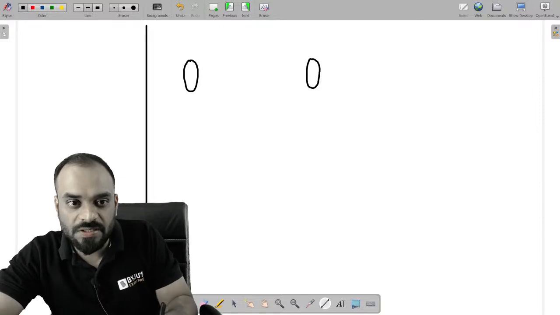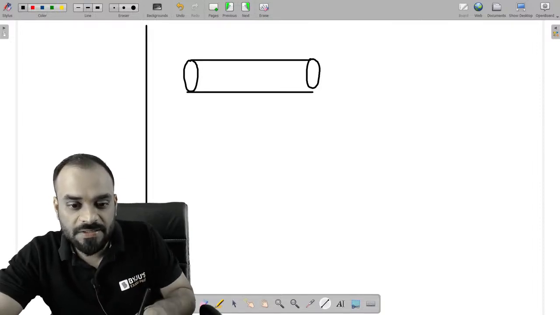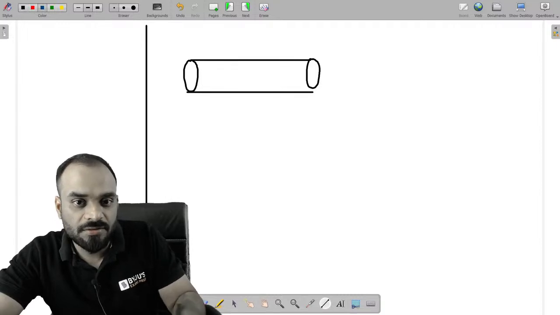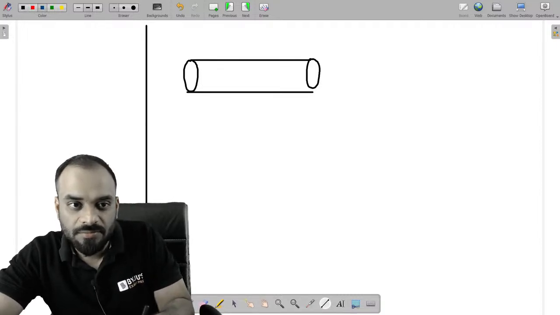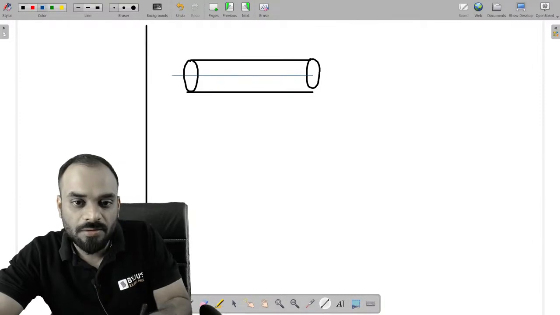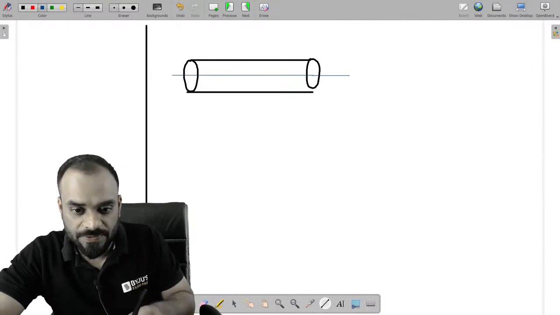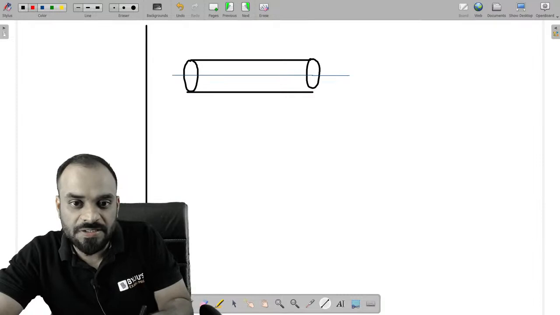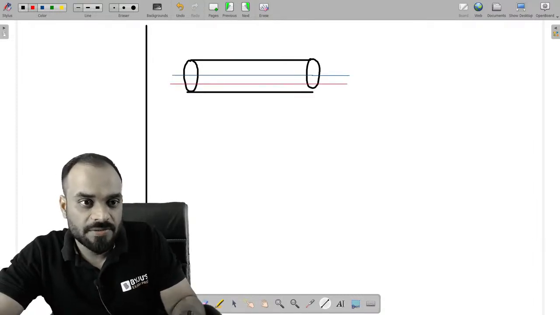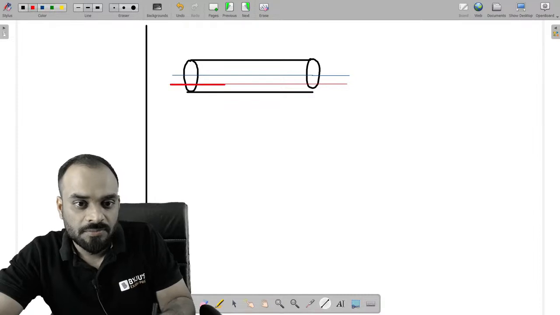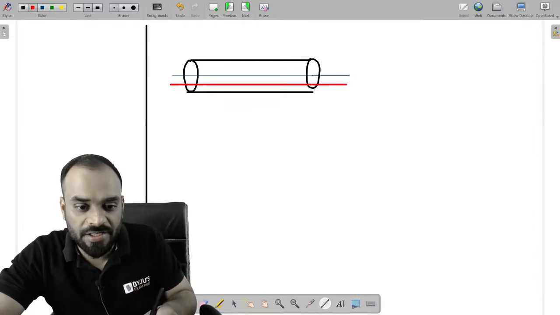Let us suppose this is a circular pre-stressed concrete beam. And let us consider this is our longitudinal or neutral axis. And let us suppose this is the level where we are trying to provide the cables. This is the location where you have provided the cable.